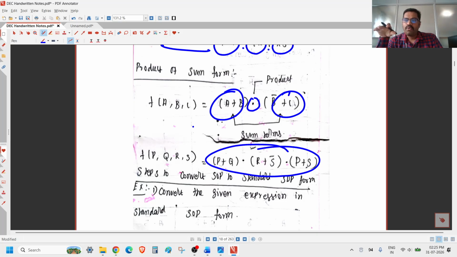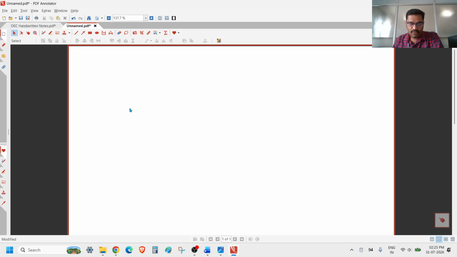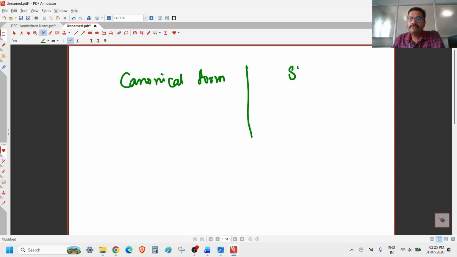Now we'll discuss the difference between the canonical form and the standard form. Generally, what is the difference between the canonical and standard form? For example, in the standard formula, y is equal to ab plus bc.